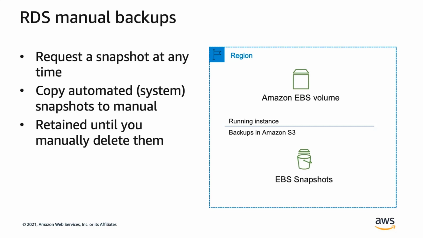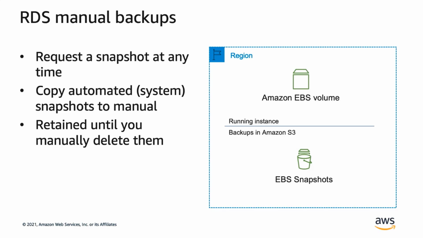And RDS also provides you manual backups. You can take manual backups of your RDS instance at any time, even if automated backups are not enabled. So if you have a backup policy where you want to keep backups more than 35 days, then you can have manual backups configured for your RDS instance.